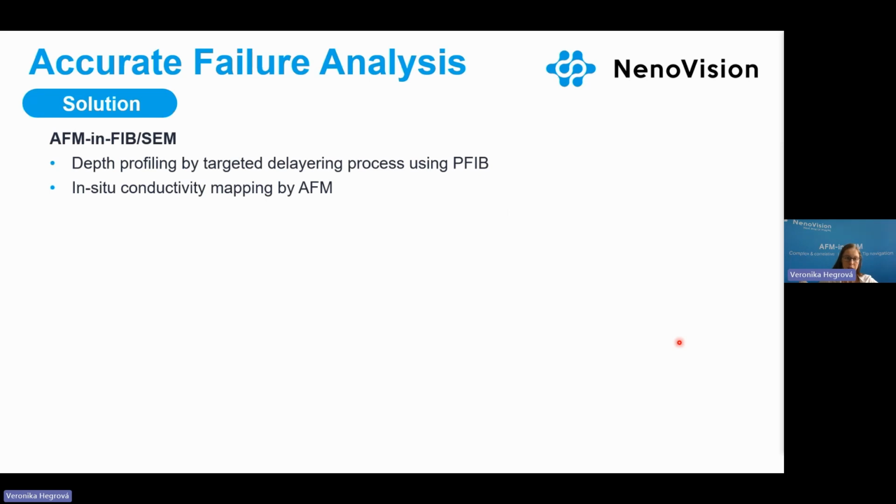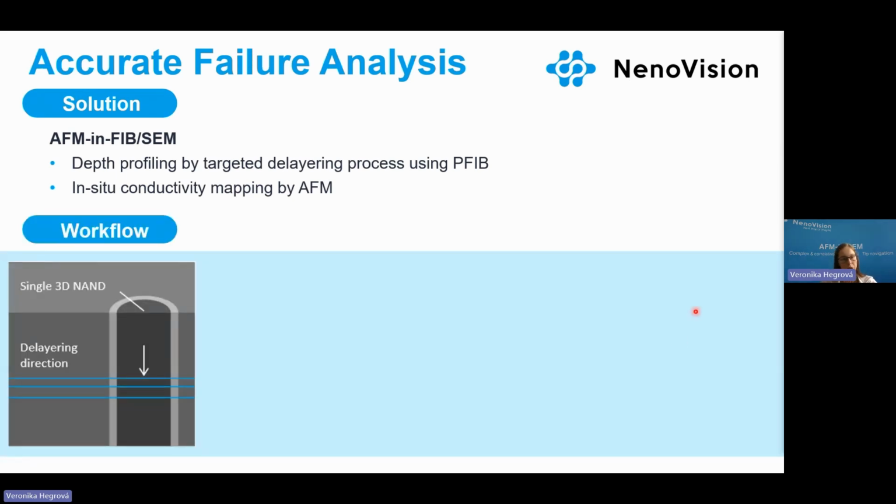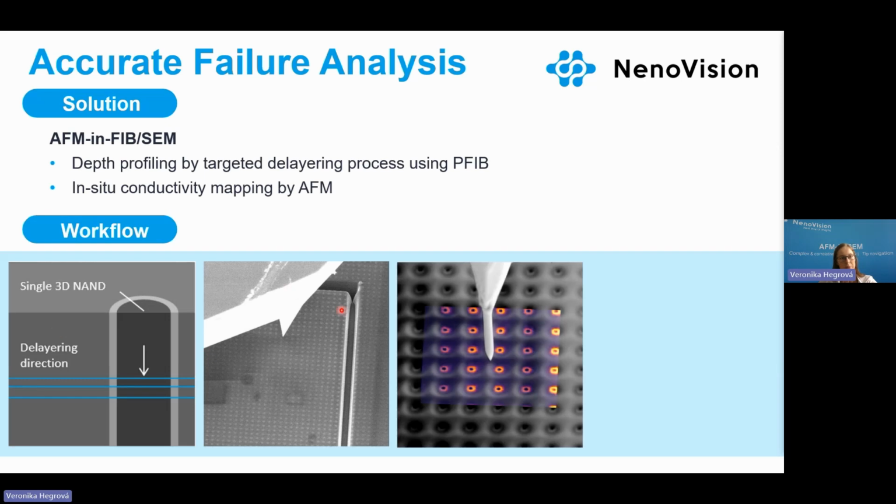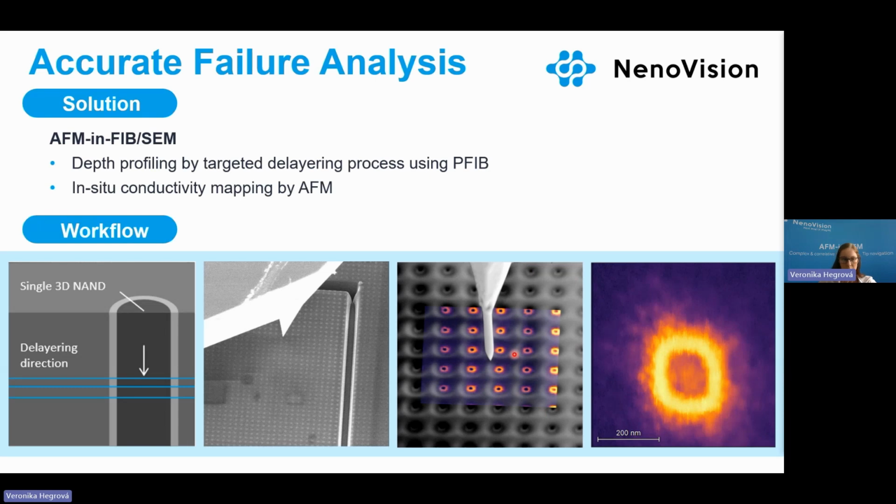Our solution for analyzing such structures is using AFM-in-SEM for depth profiling, by, as you've seen, partially the workflow from the delayering process to the navigation of the tip, analyzing the conductivity and correlating it together. We can analyze larger areas or focus on one via, a very site-specific place. And we can do this in a cycle several times.